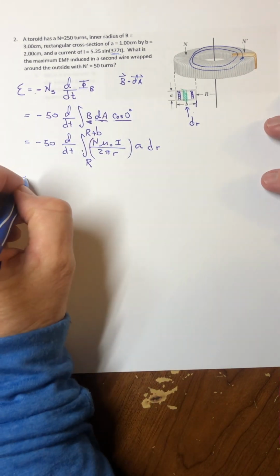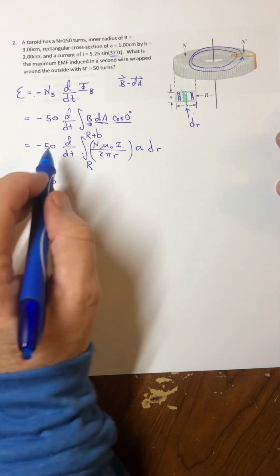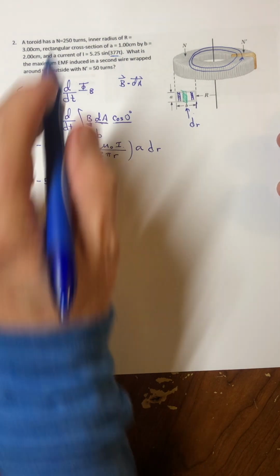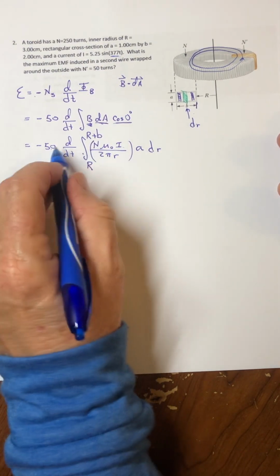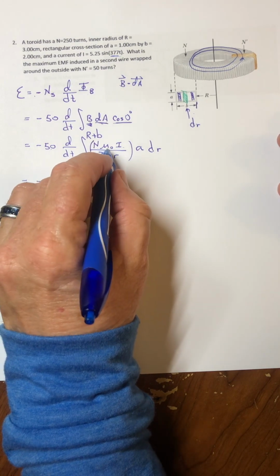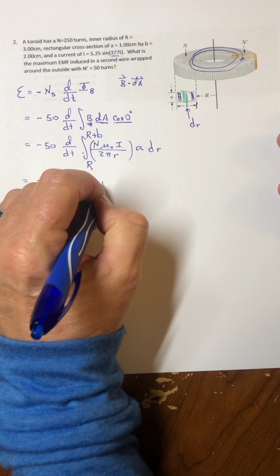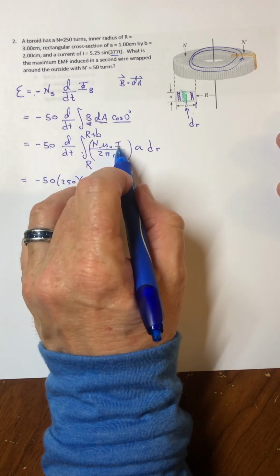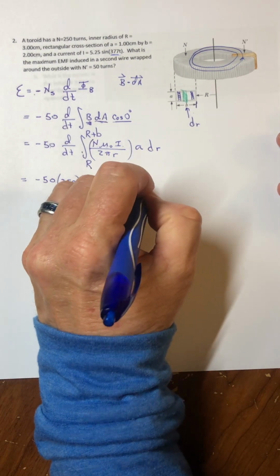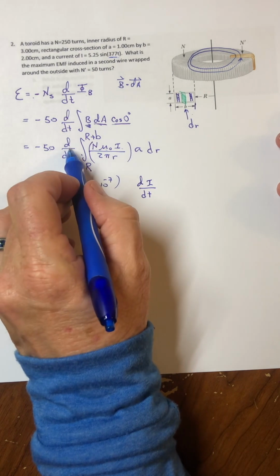Now I can simplify some things. Maybe I'll start with this N, which represents how many turns are in the toroid, so I'll pull that all the way out. Also, the mu naught is 4 pi times 10 to the minus 7. Now, the current gets stuck here at the time derivative.